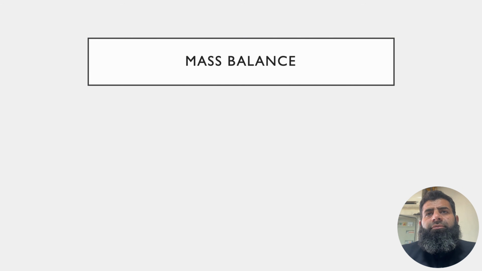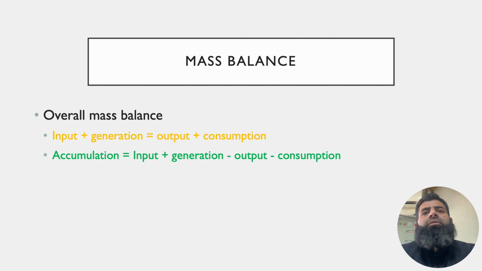The second part of this case study is about the mass balance. If you recall the mass balance equation, input plus generation is equal to output plus consumption. It's because we already discussed that all the processes in the food industry follow the first law of thermodynamics, which states that mass cannot be created nor destroyed, except in nuclear reactions.